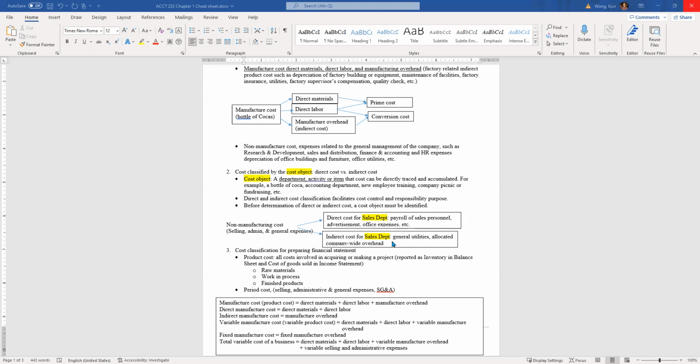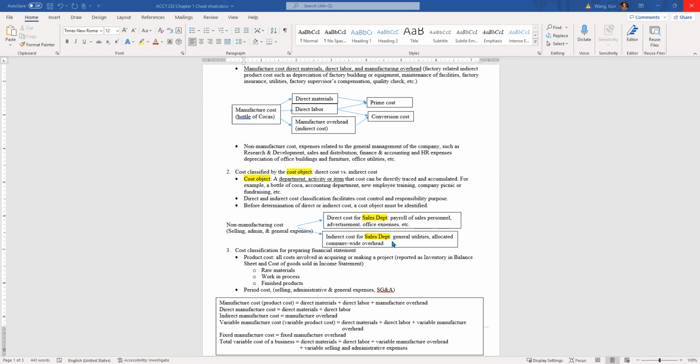But they are responsible indirectly because of the allocation of this overall general overhead. We'll talk about this allocated company-wide overhead or general utilities in the segment reporting, but at this point in time, always be careful.